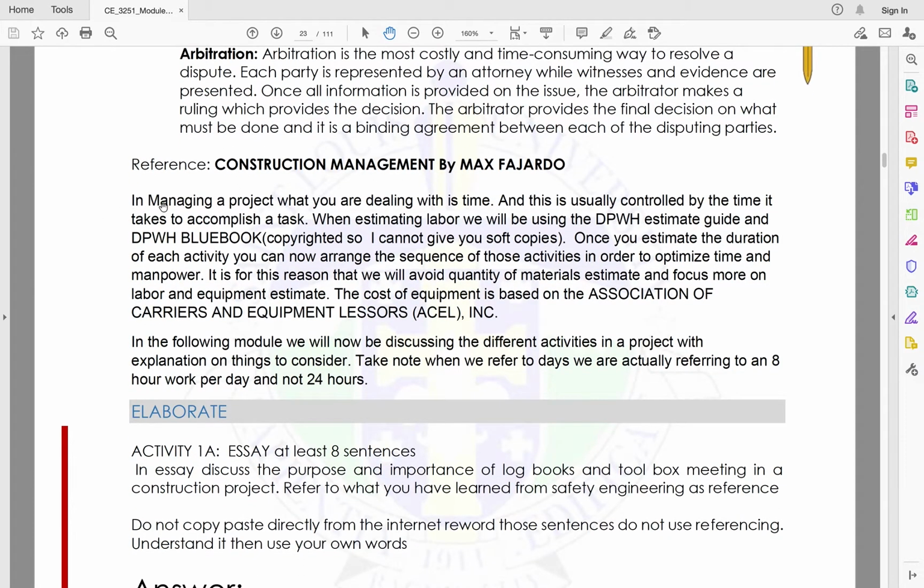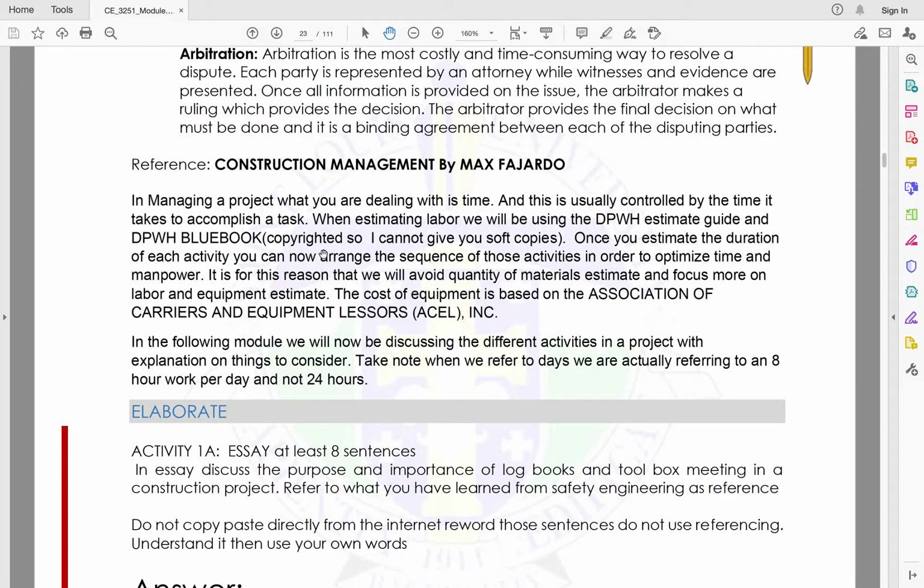So in managing a project rather, what you are dealing is time, and it is usually controlled by the time it takes to accomplish a task. So when estimating labor, we will be using the DPWH Estimate Guide and DPWH Blue Book.